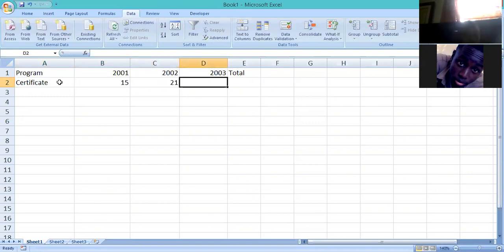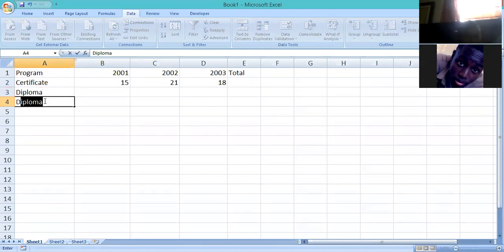In 2003, 18 persons. Those who are typing, please type as quickly as possible. Then we have diploma, degree, and postgrad. Postgrad is master's or PhD.